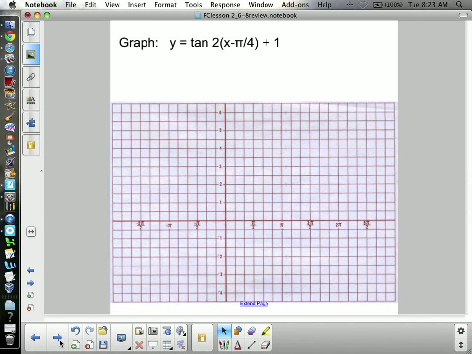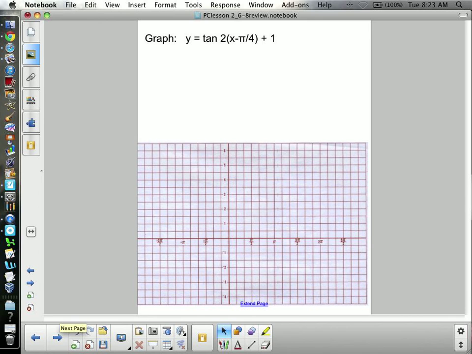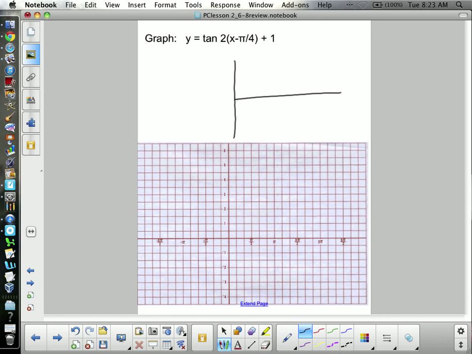Let's look at a tangent one. Y equals tangent 2x minus pi over 4 plus 1. Again, we'll do a sketch first. And then this tangent function, I know goes through 0, 0. Then an asymptote.